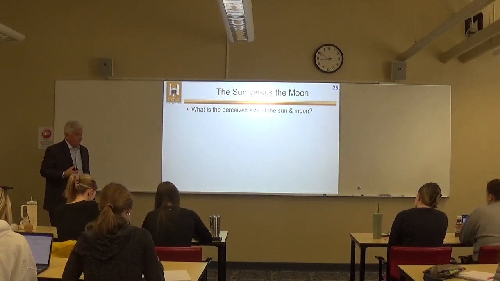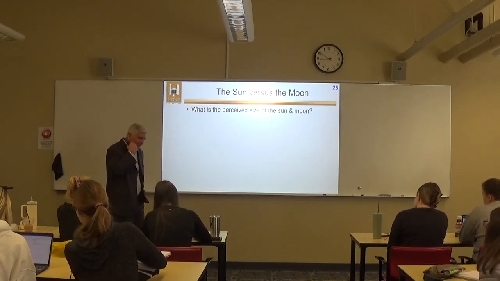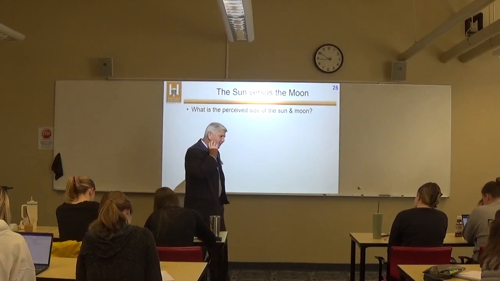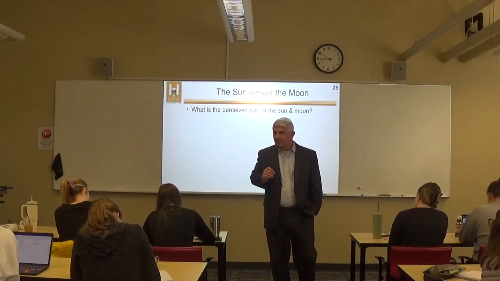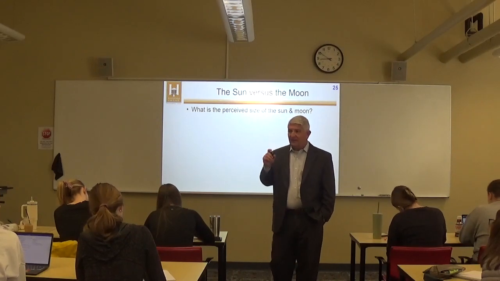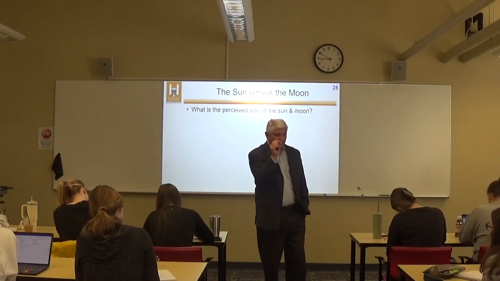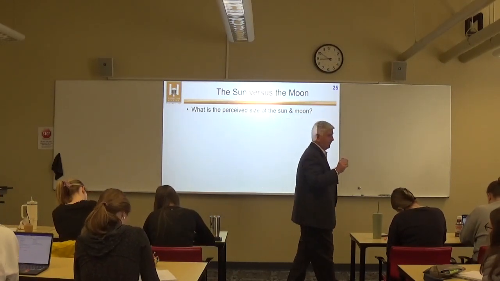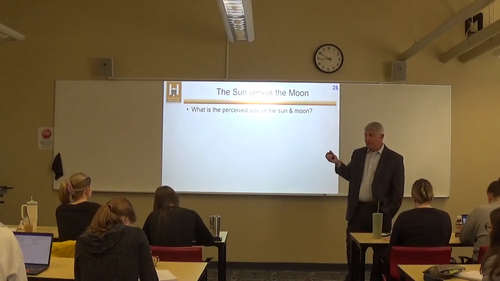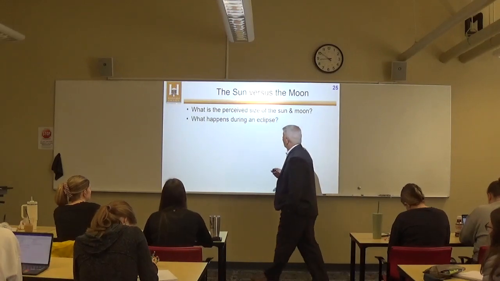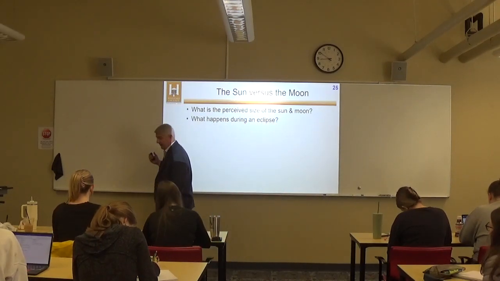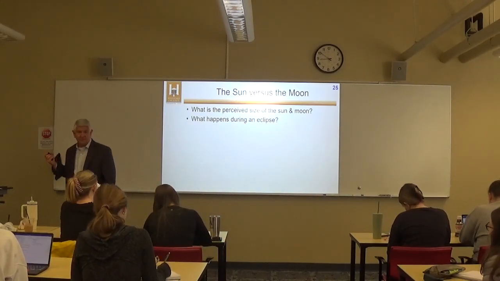Right? So when you look up in the sky at the sun and the moon, do they appear to be about the same size? If you take a picture, look at them in the picture, yeah, sun and moon about the same size, right? If you look like in an eclipse, what happens?